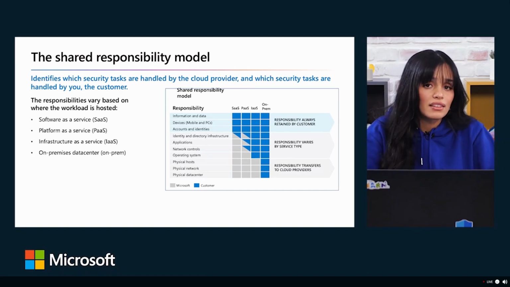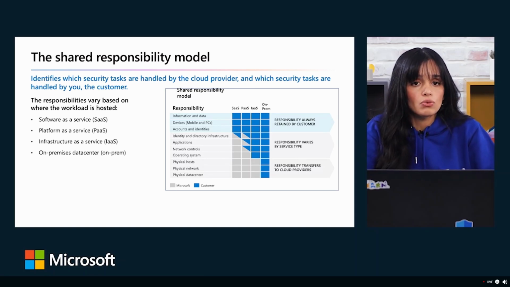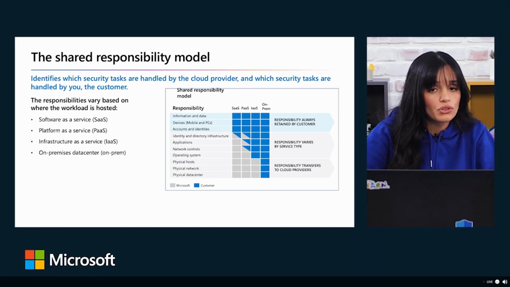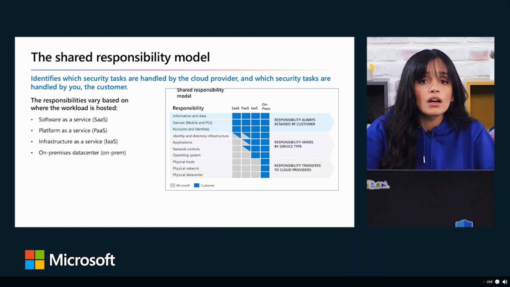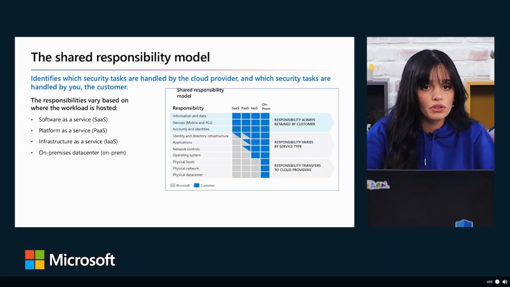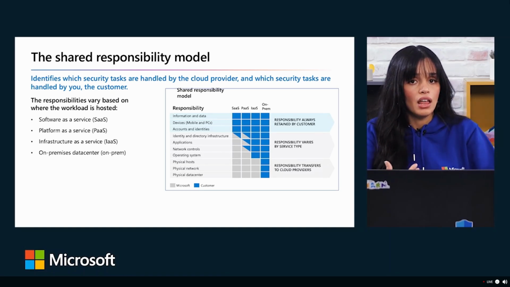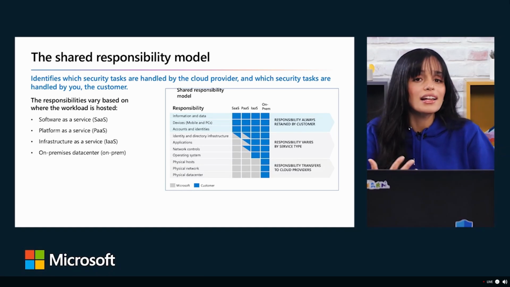If you look at the diagram here in the slide, you can see everything that was part of IaaS, infrastructure as a service, and the operating system is now managed by your cloud service provider, in this case Microsoft. And there are a few things that are shared between the client, which is you, and Microsoft.